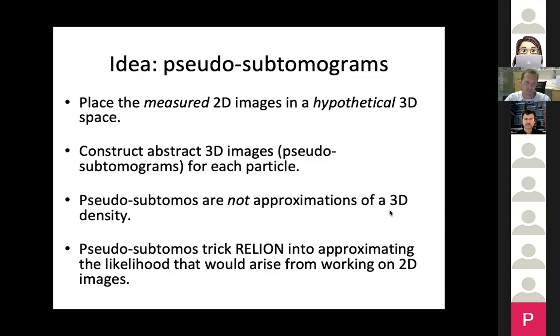But we use this way of giving data to RELION Refine to then approximate the likelihood that would arise from working on the individual 2D tilt series images, with the statistical assumptions of independent Gaussian noise on Fourier voxels now being close to those of the Fourier voxels in the 2D raw images.